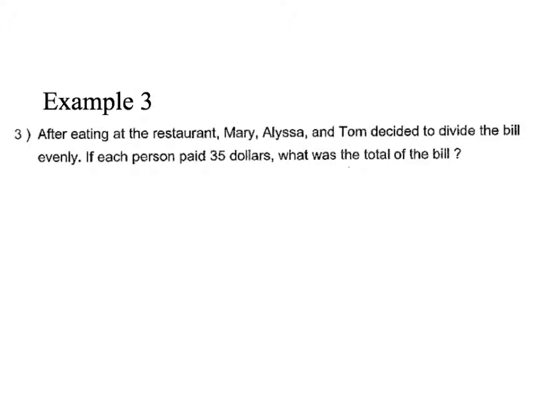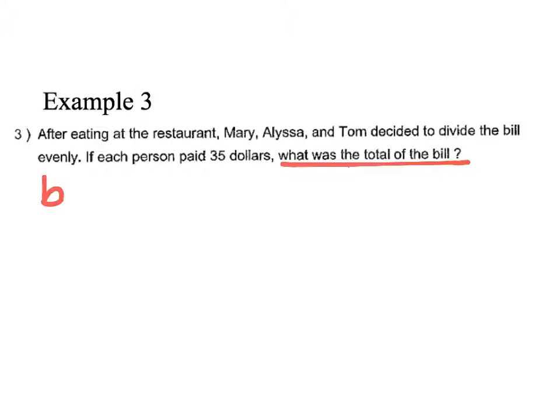After eating at the restaurant, Mary, Alyssa, and Tom decided to divide the bill evenly. If each person paid $35, what is the total of the bill? Okay, so again, define your variable. What is the total of the bill is the question they're asking, so that is your variable. So again, X, Y, Z, A, B, C, whatever, B for bill, T for total.